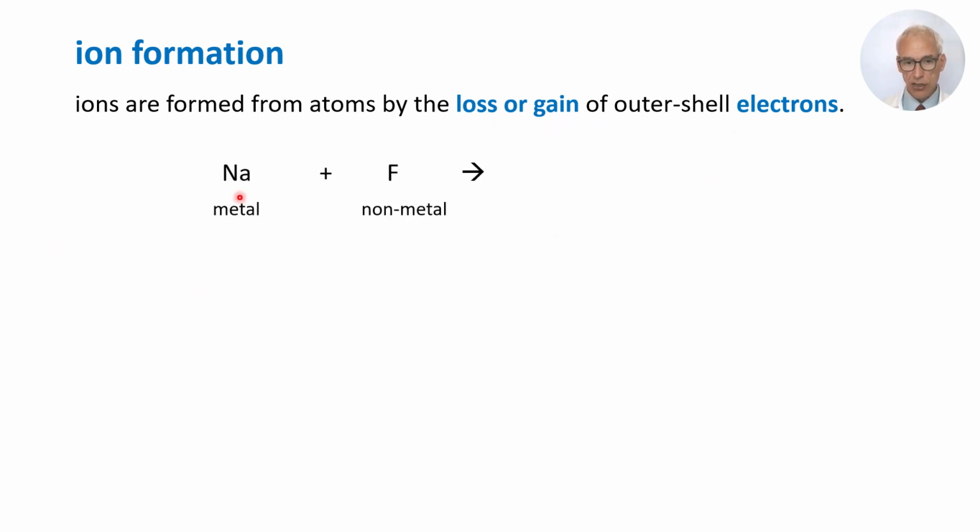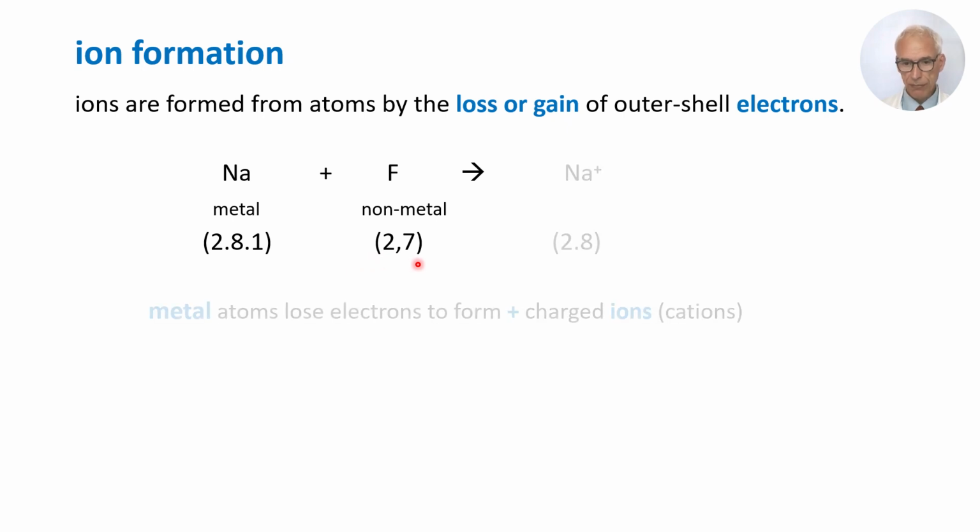So let's take an example: a sodium atom, a metal atom, and a fluorine atom, a non-metal atom, and look at the original electron configuration: 2,8,1 for sodium, 2,7 for fluorine. Now, metal atoms such as sodium lose electrons to form positively charged ions, which we call cations.